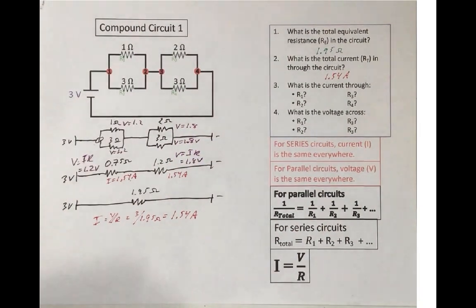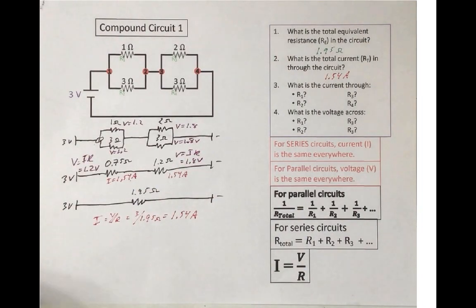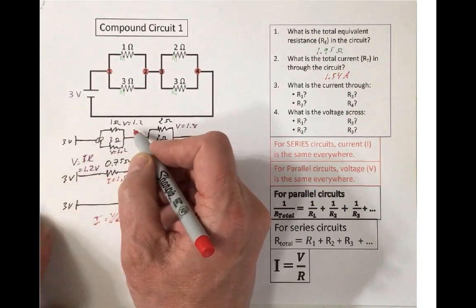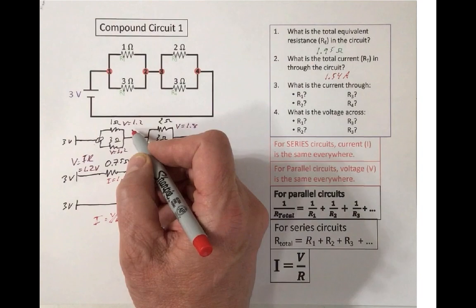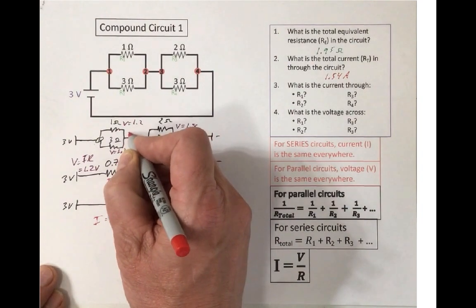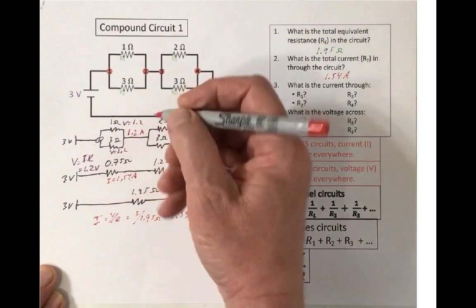Okay. So now I have the resistance and the voltage at each one of the four original resistors. Now I can use Ohm's law to solve for the current. It's voltage over resistance. So 1.2 over 1 is 1.2 amps.